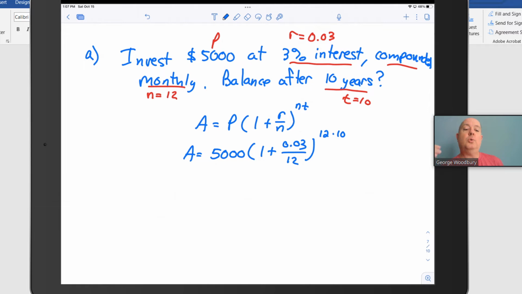Now, before we go to the calculator, I think it's a good idea to try to simplify both the number in the parentheses as well as the number in the exponent.